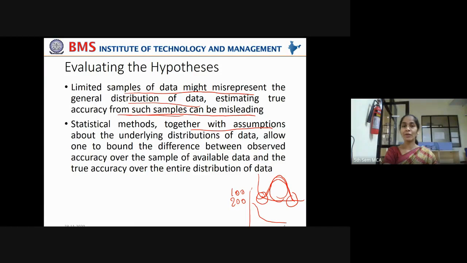Now, statistical methods together with assumptions. Always remember, whenever you're performing an experiment, some assumptions are always associated with it. And we have been seeing from module 1 what assumptions we have made with respect to various machine learning models. Decision tree, you prefer simpler trees. Neural networks, you prefer simple architecture, or fewer hidden layers.